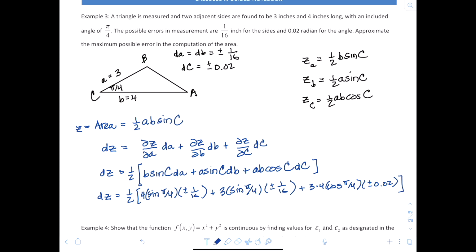All right. So let's see, we can divide some of this stuff out. The 4 divides out some of the 16 on that one. That's about it.